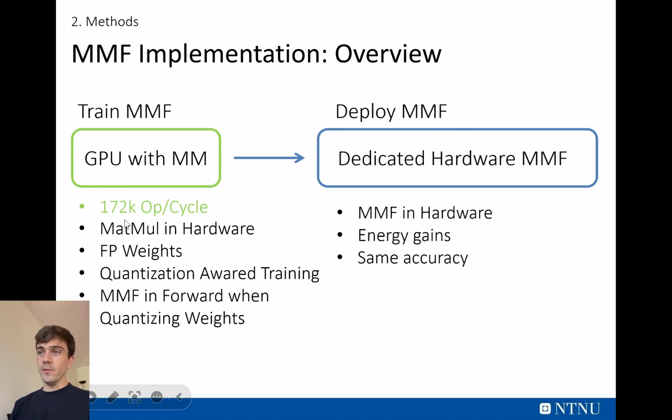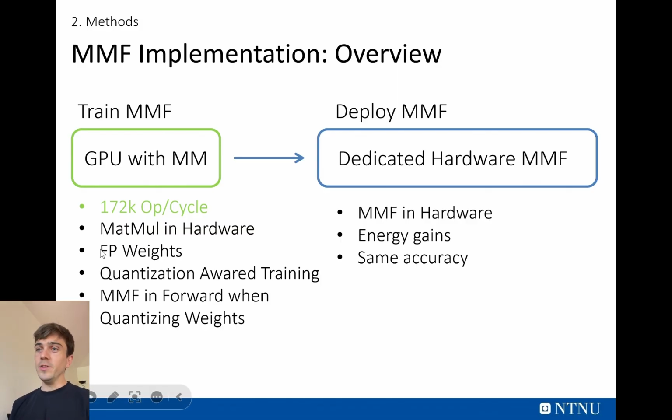So yeah, here following the bullet points, while training, you are using the GPU, so you are taking advantage of the 172K operations per cycle. You are also using the matmul in hardware, so it's not real matmul-free.